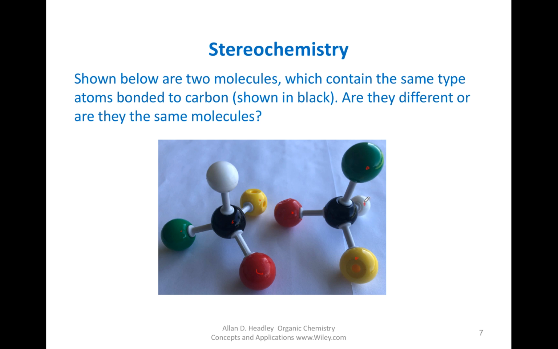So the question now is, are these two stereoisomers the same or are they different? So what you'll have to do here is to visualize, are they superimposable on each other? If they are, they are the same molecule, and if they're not, they are actually different molecules.